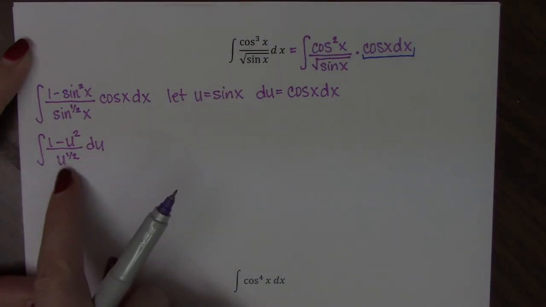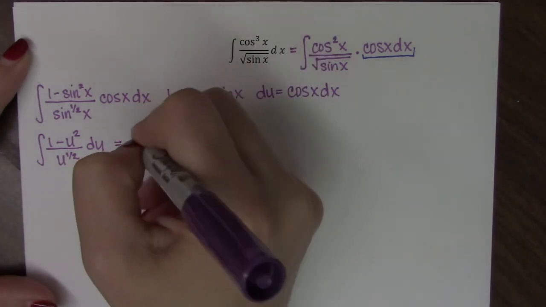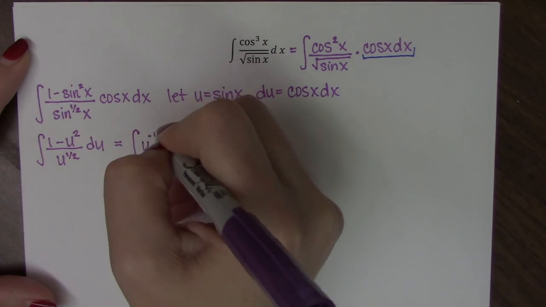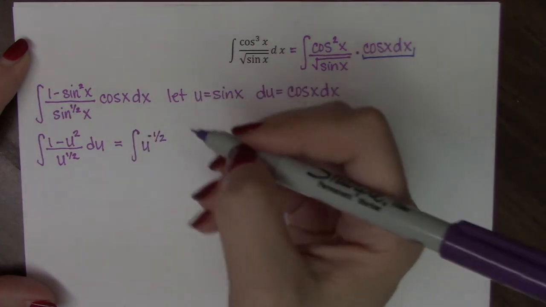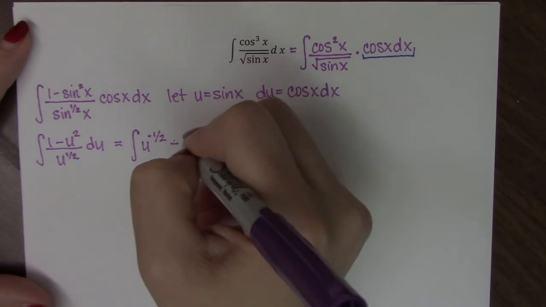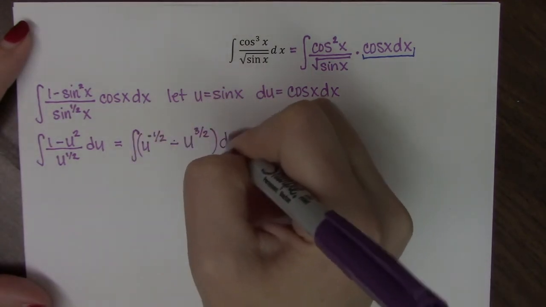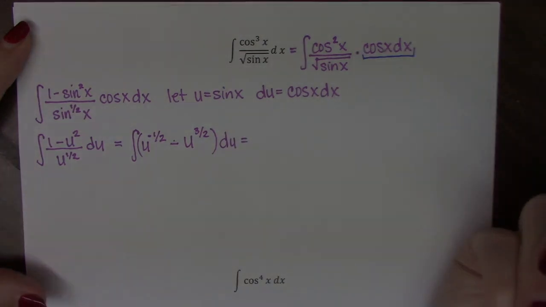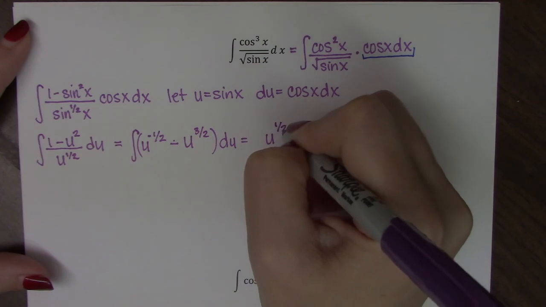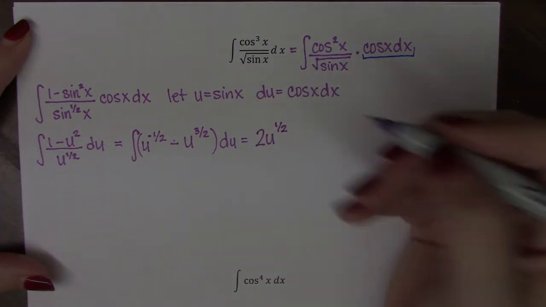Since there's only a single term in the denominator here, I can split these up. And I can say, well, 1 over u to the 1/2 is just u to the negative 1/2. U squared divided by u to the 1/2 is u to the 3/2. And so now I can just anti-differentiate using the power rule. So this becomes u to the positive 1/2. When you divide by 1/2, right, we flip the fraction.